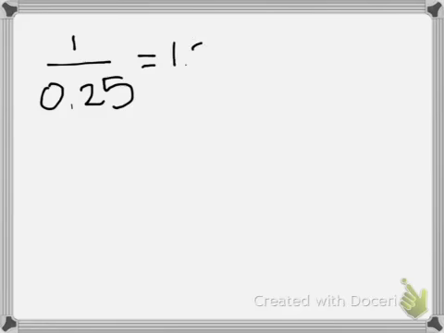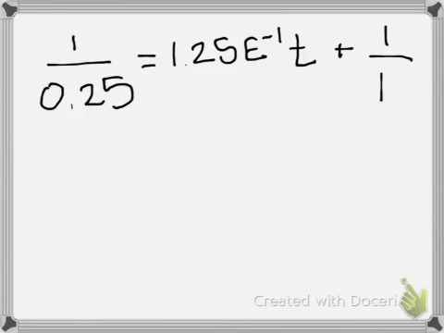We're going to solve that on the next slide here. So I have 1 over A at a given time period, the time period unknown. We did measure the concentration, so A at a given time period is 0.25 molar. That's going to equal kt, so 1.25 times 10 to the minus 1, t is what we're trying to solve for, plus 1 over the initial concentration of A, which is 1 molar.